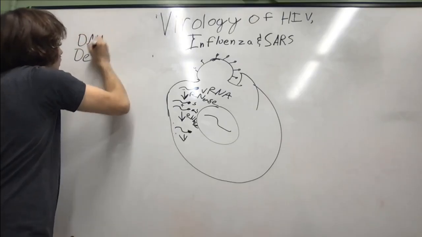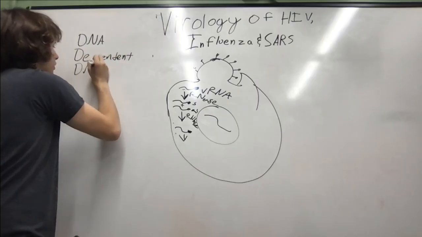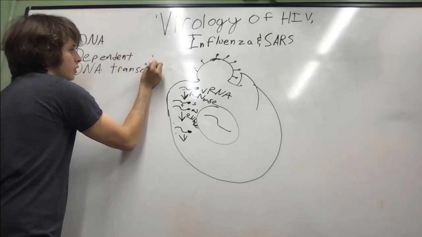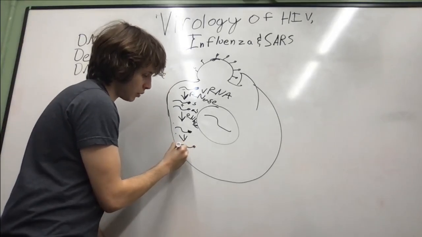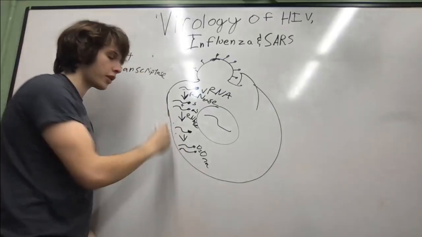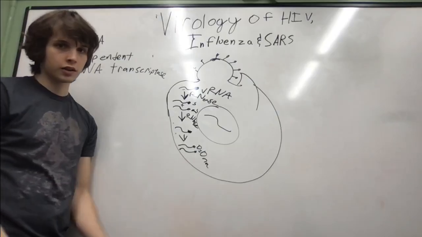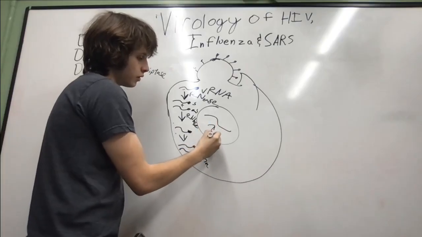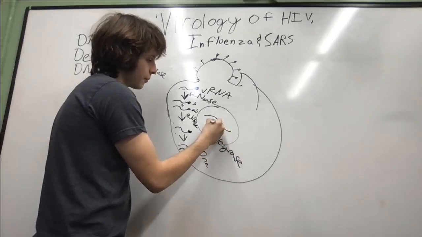DNA dependent DNA transcriptase. So what that means is now we can form double-stranded DNA, or dsDNA, from our antisense. The thing about dsDNA is that's how the genome works, right? It's double-stranded. So dsDNA can enter through the cell via integrase and integrate with the genome.